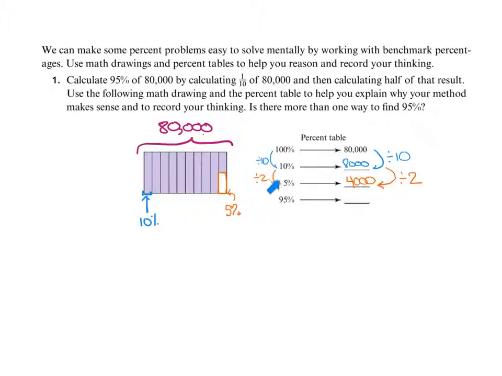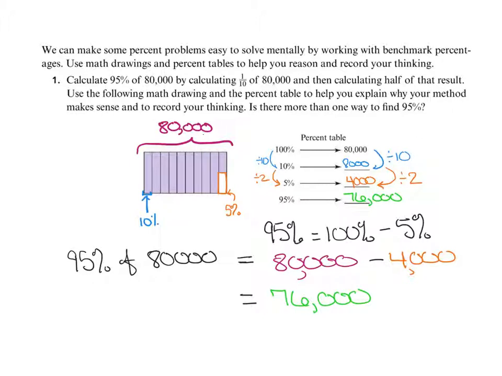So if we want to find out what 5% is, we can take the 8,000 that represents 10%, divide it by 2 to get 4,000, and that is the 5%. Since the whole entire thing is 80,000, and we notice the little white piece that's missing to find 95%, we can subtract that 5% from 100%. 95% is equal to 100% minus 5%.